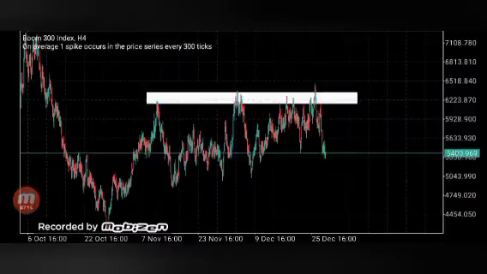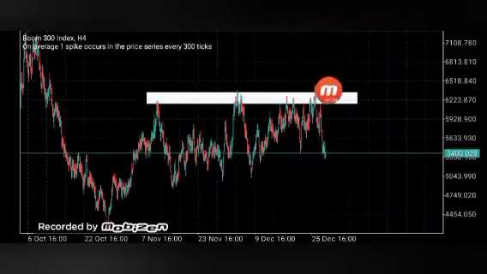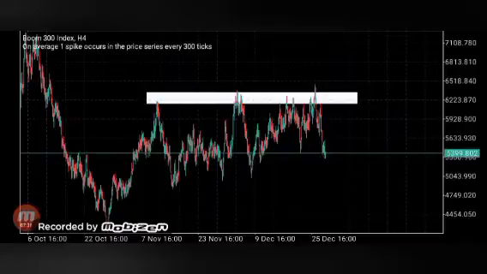It shows that this is an important area on the chart, because based on history, based on past events, you can see what happened when price got in that zone. It sold. So this area that I've highlighted in white is a valid area of resistance.